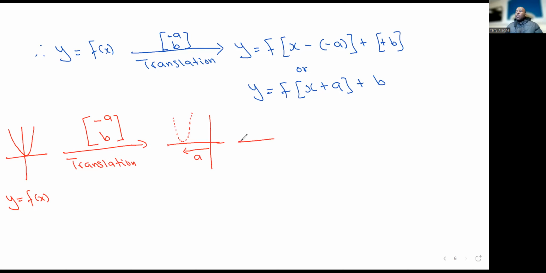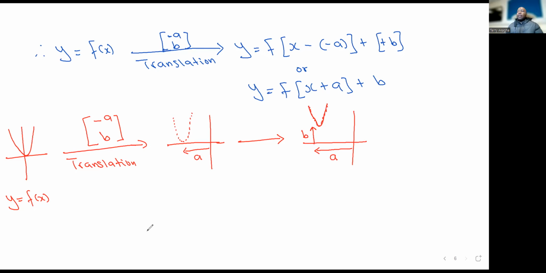Now, after moving to the left, because b is also positive, it's going to move up. So it moves to the left by a and up by b. This graph is going to move and be somewhere here.